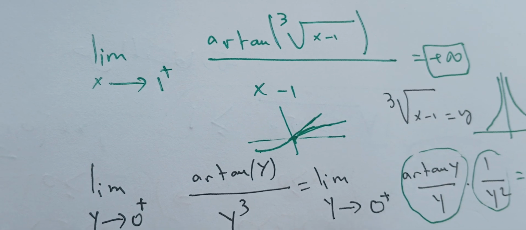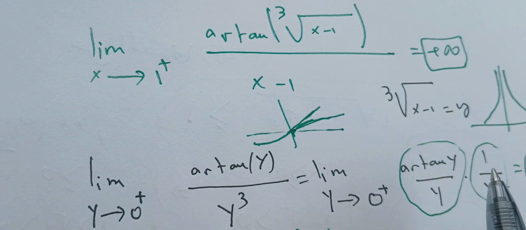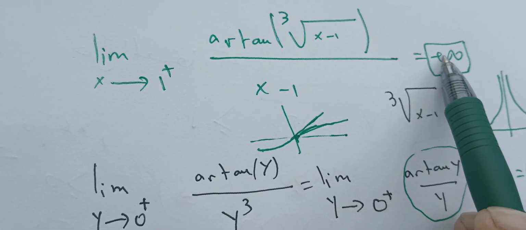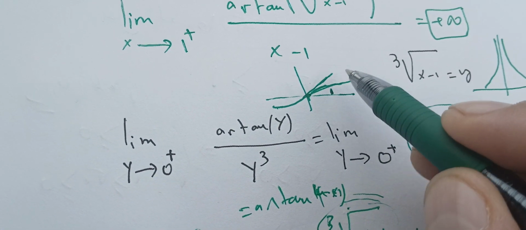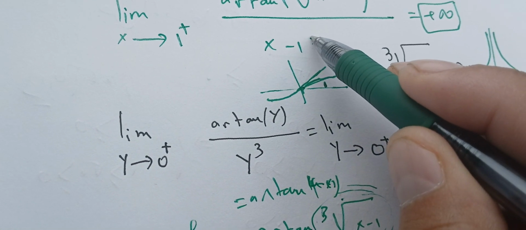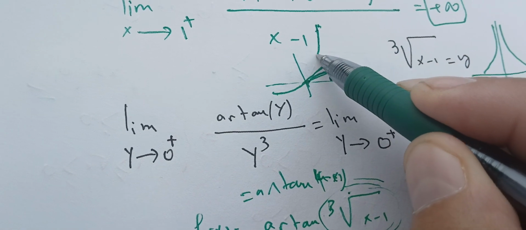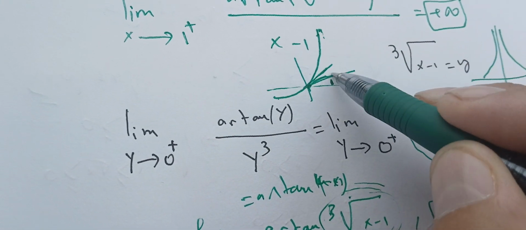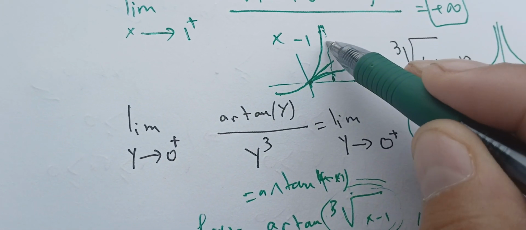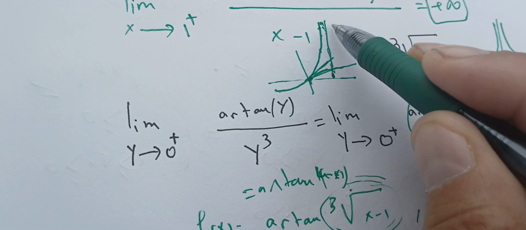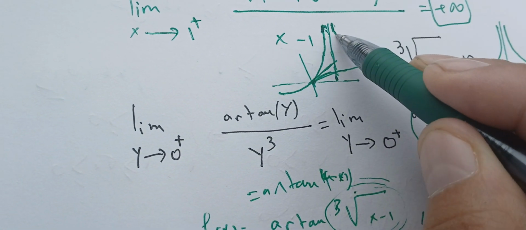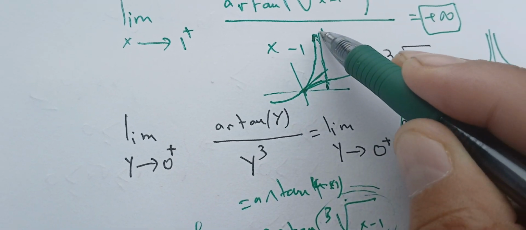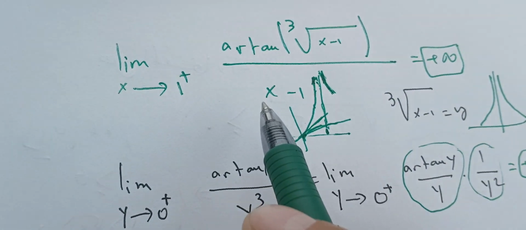It's infinite, so the slope is infinite at 1. That's what it means. If we try to graph this function, from the right it's going to be something like this. From the left, I don't know, but from here it's going to be something like this. That's what it means.